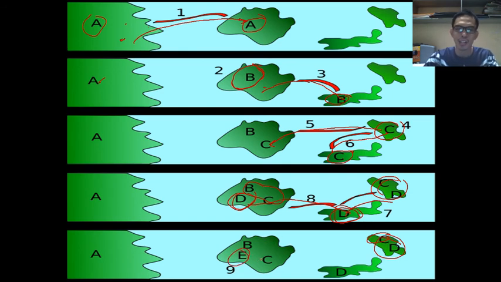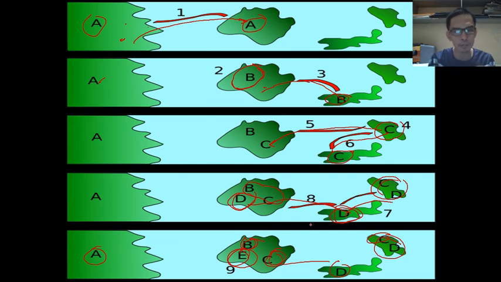So, how many species do we have right here? Due to the changes in the environment per island, we have 1, 2, 3, 4, and 5. Not only environmental changes, but mating. Two organisms mate with each other.